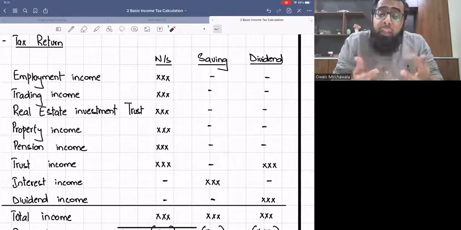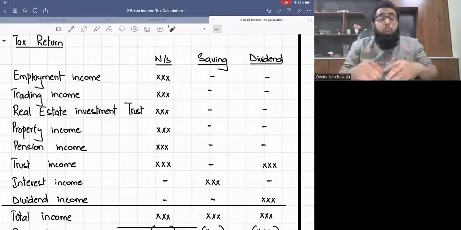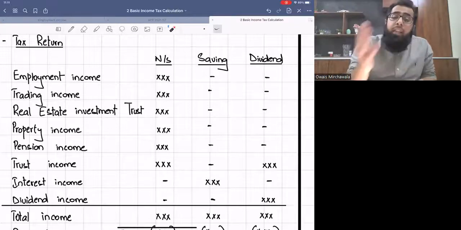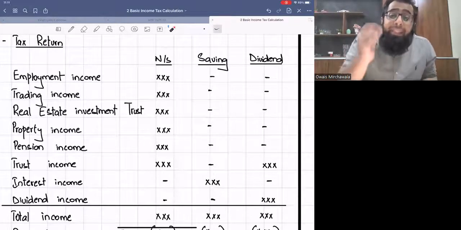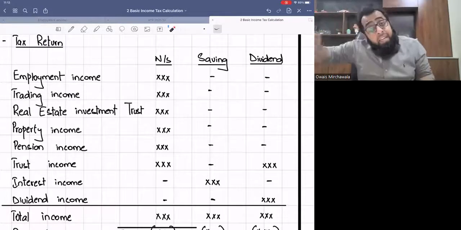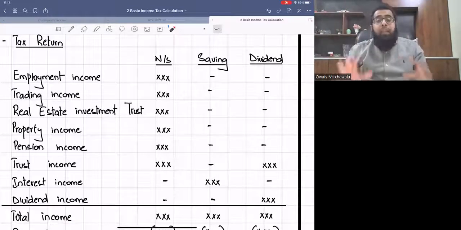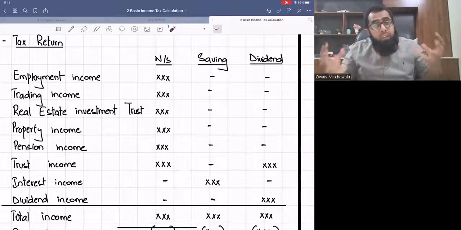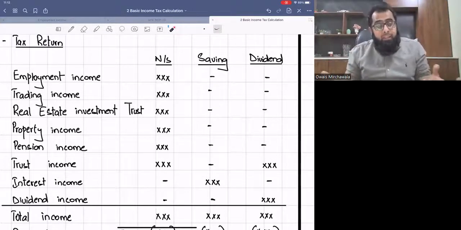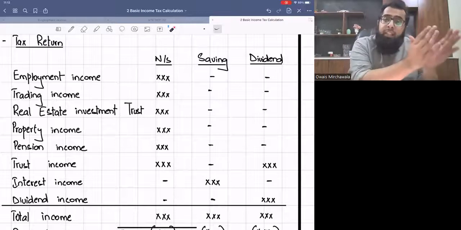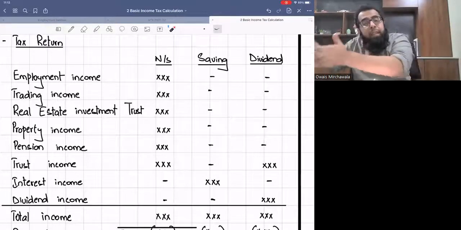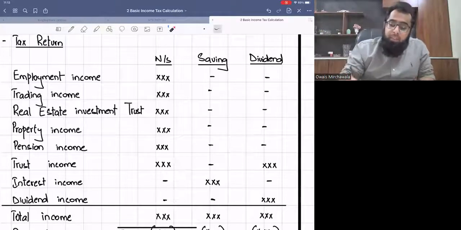Now you must be thinking that why they are classified separately? Because the tax department has kept separate tax rates for them. The purpose of making these three income heads is to define separate tax rates. One set of tax rates is for non-saving, one is for saving, and the third one is dividend.